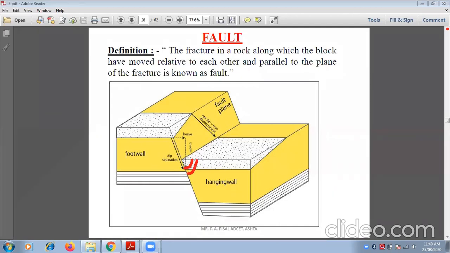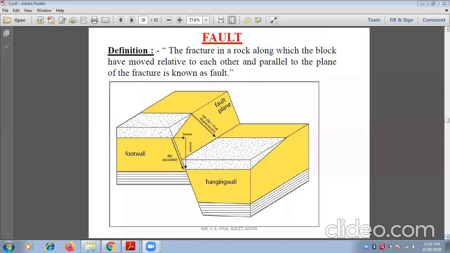Okay, so these are some important terms used in the fault. With the help of these terms you can clearly identify the different types of the faults. If you remember all these terms, you can clearly identify the types of the faults which we are going to discuss now.